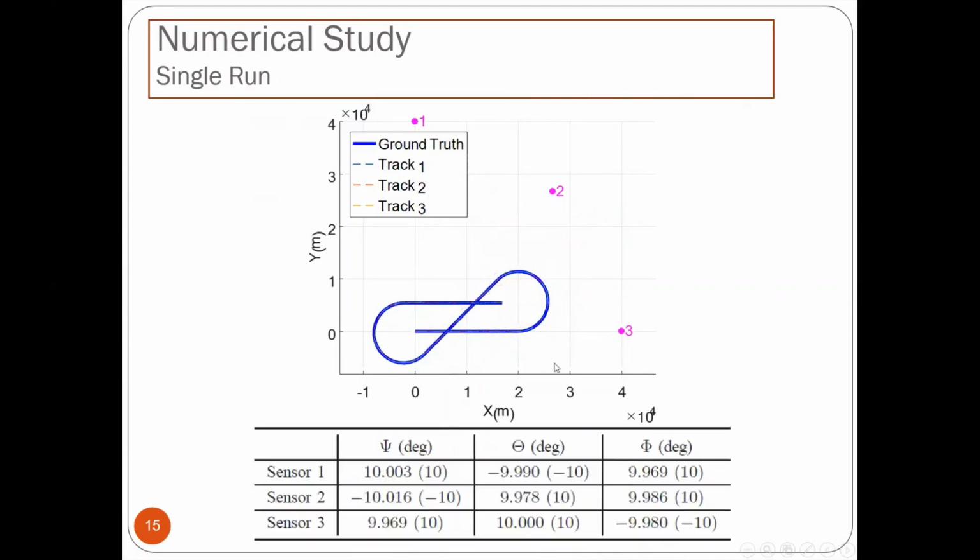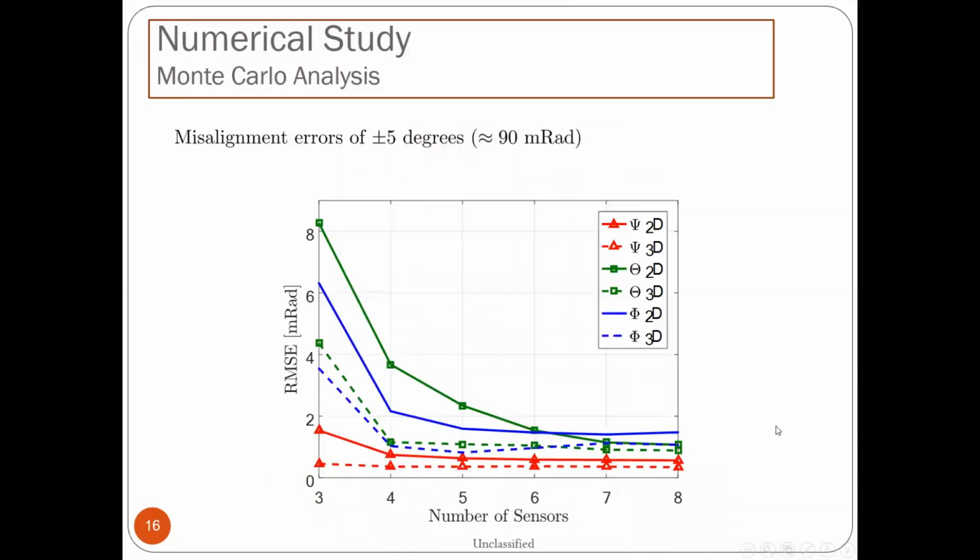When we run the algorithm, the biases are estimated, and the initial biases of 10 degrees ended in estimates accurate up to the third digit after the decimal point for each angle. We can perform some Monte Carlo analysis in which we compute the overall estimation error in milliradians versus number of sensors.